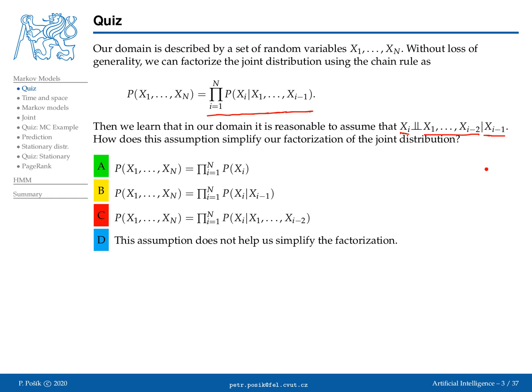Now the question is, with this assumption in mind, how does this factorization at the top actually change? What is now the right factorization? So try to answer this question. A, B, C, D.